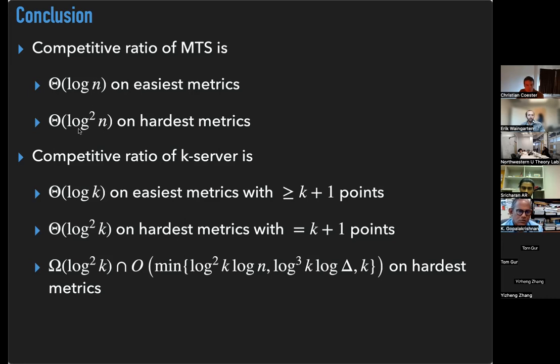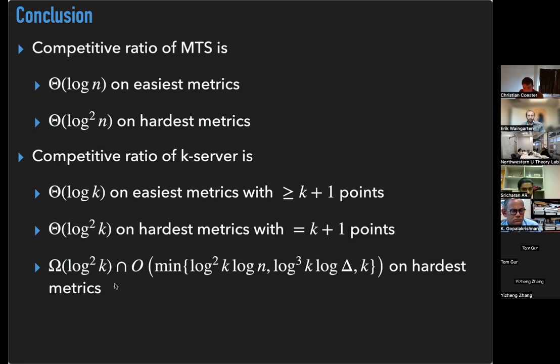It's log square n on the hardest metric spaces because of our existential lower bound and existing universal upper bound. For k-server, it is log k on the easiest metrics of at least k plus 1 points. Below it's trivial. It's log square k on the hardest metrics with exactly k plus 1 points, or in fact, k plus a constant many points.